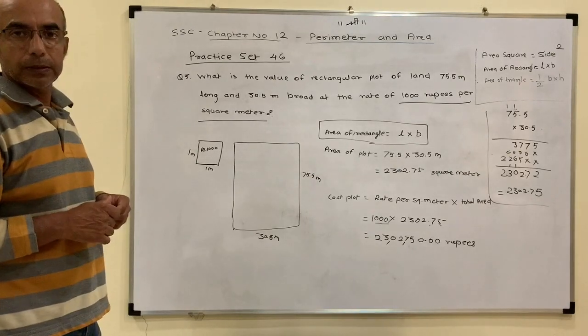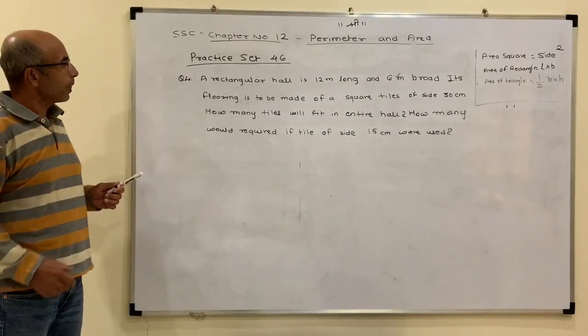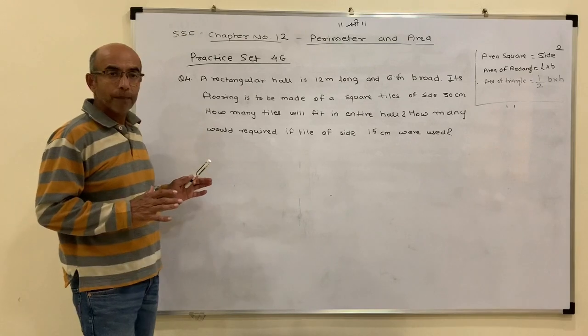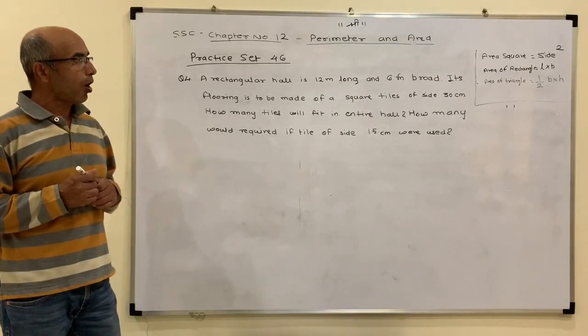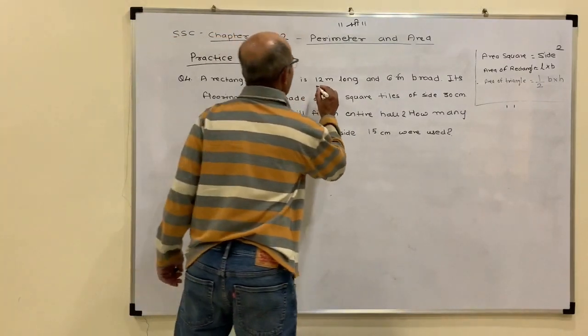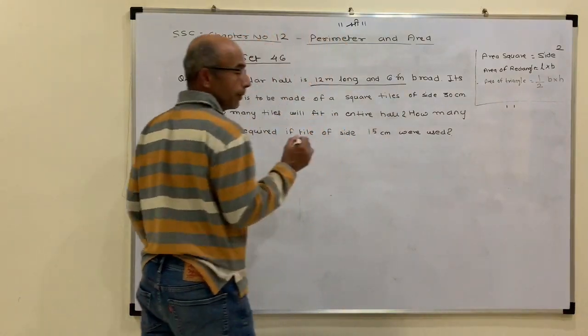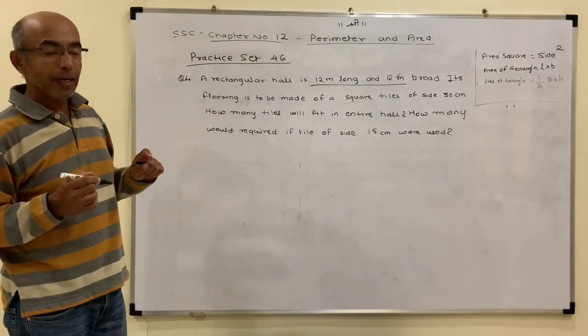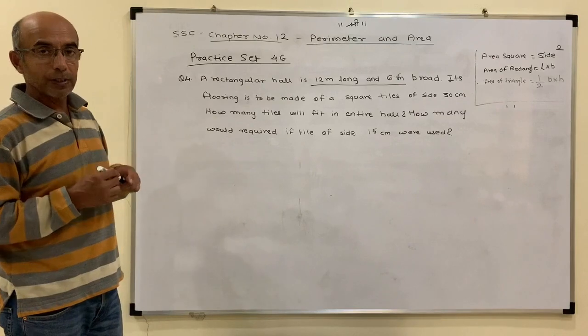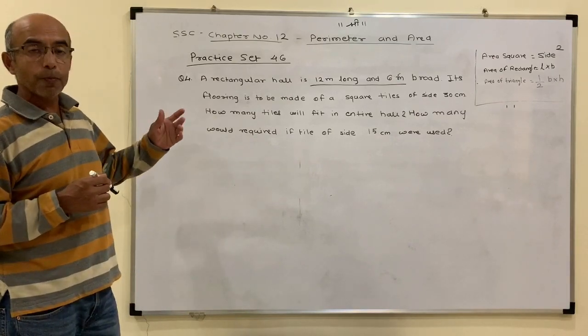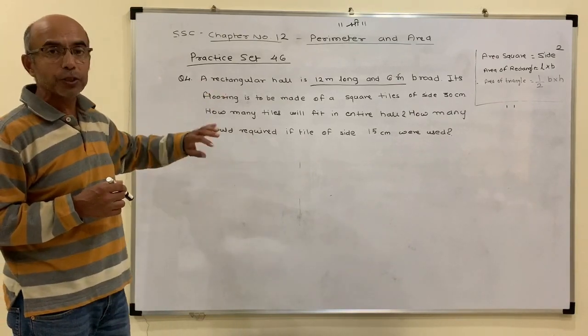So now question 4: a rectangular hall is 12 meters long and 6 meters broad. They have given us the dimension of the hall. We need to keep in mind when we solve this kind of problem that the measure of unit should be similar.